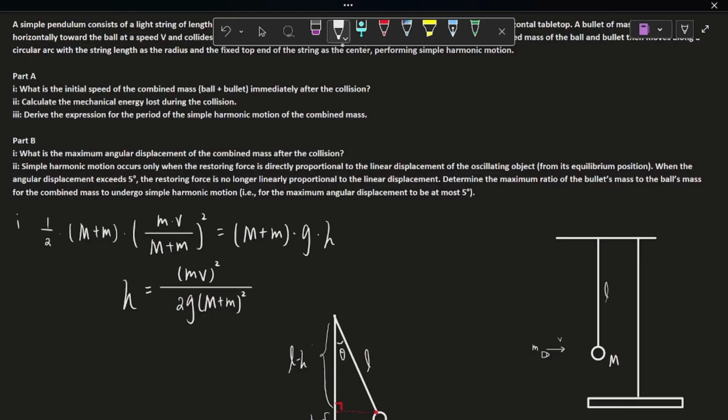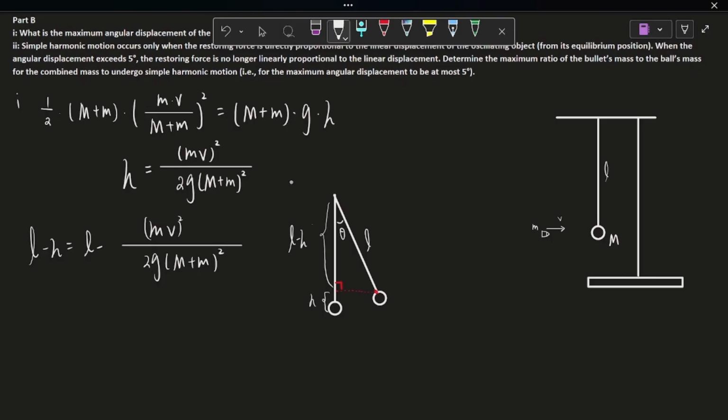And then we can get L minus h. L minus h is just equal to L minus this piece. Let's write it down: m squared v squared over 2g times (big M plus small m) squared.